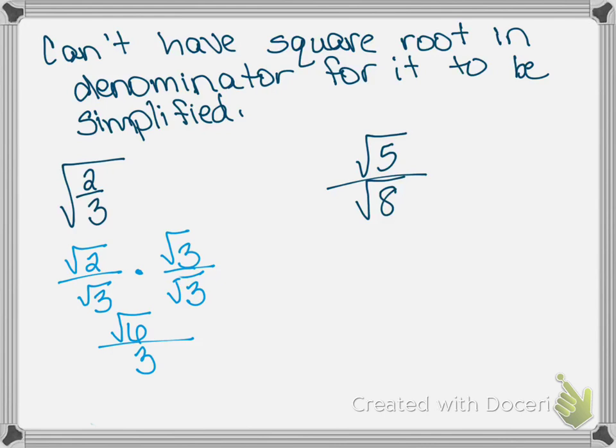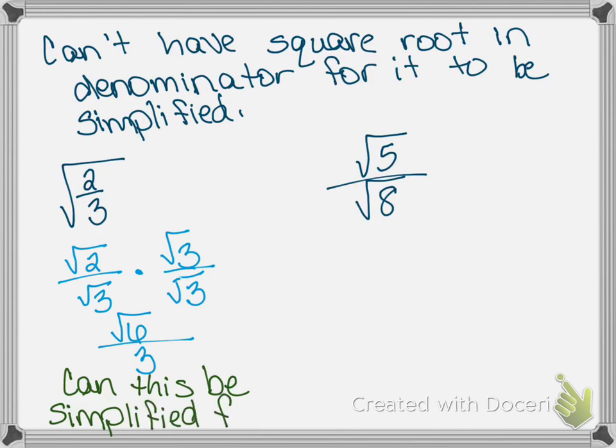Now, your next question is, can this be simplified further? This is something my students have struggled with for many, many years. They think because the square root of 6 is divisible by 3, that you can divide these two.